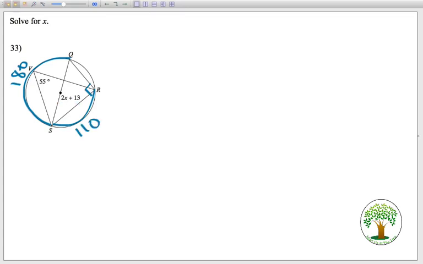This 2x plus 13 corresponds with this angle, which goes with this intercepted arc. All of this adds up to 360 degrees. So we're going to call that y for a moment. 180 plus 110 plus y equals 360.